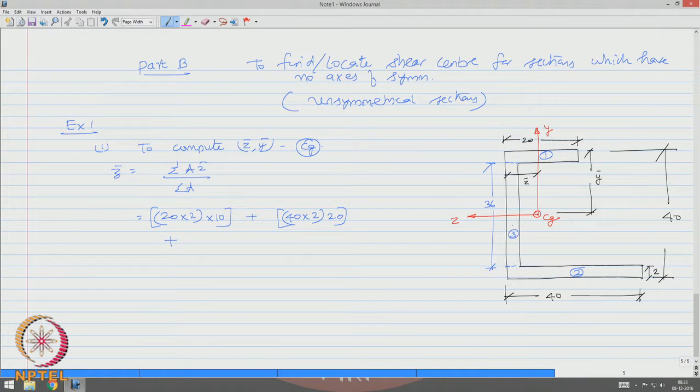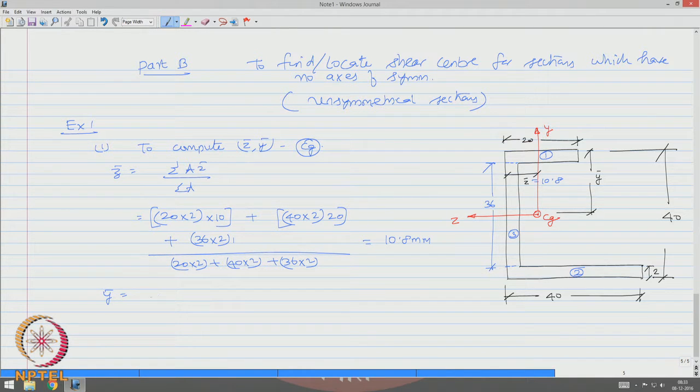So, this is the third part, 36 into 2 into the distance of that from here, 1, divided by 20 into 2 plus 40 into 2 plus 36 into 2, which will give me z bar as 10.8 millimeters. So, this value is 10.8.